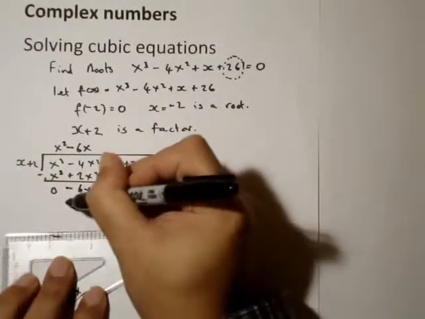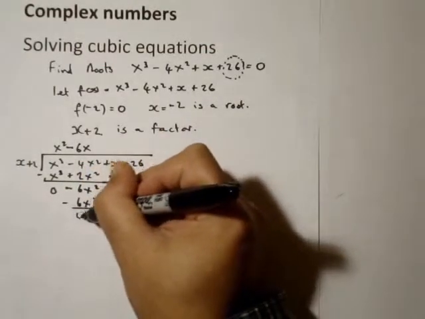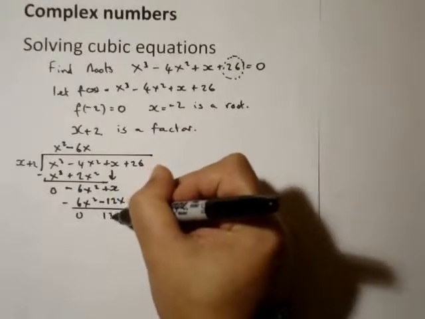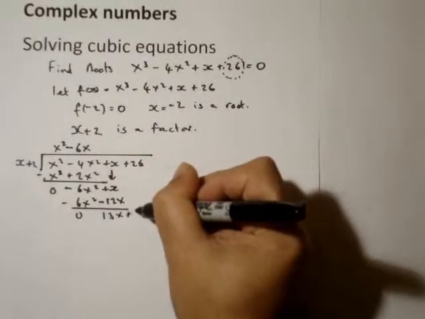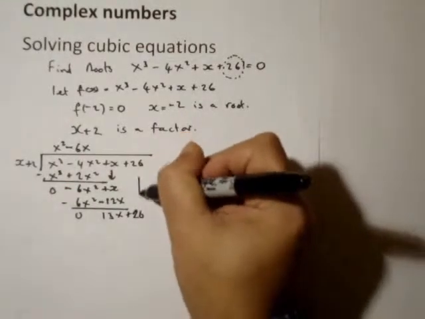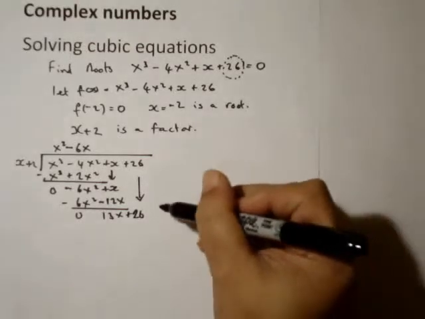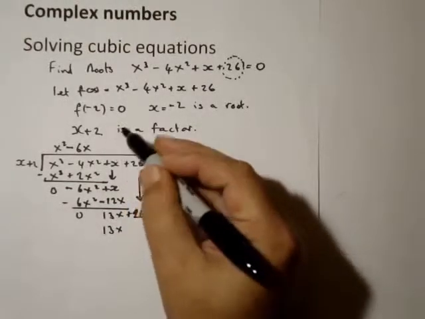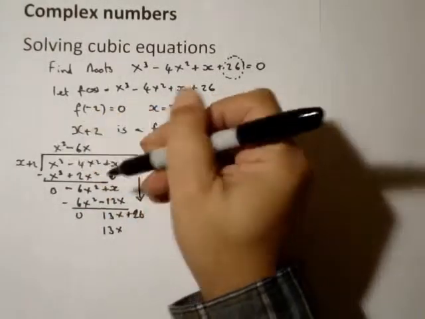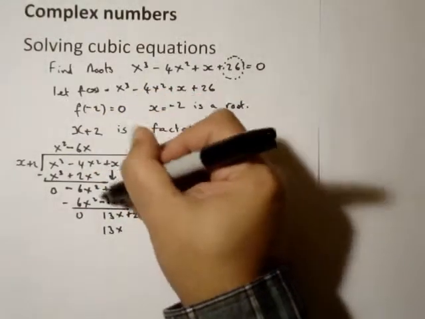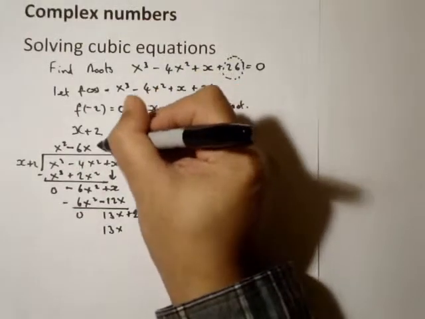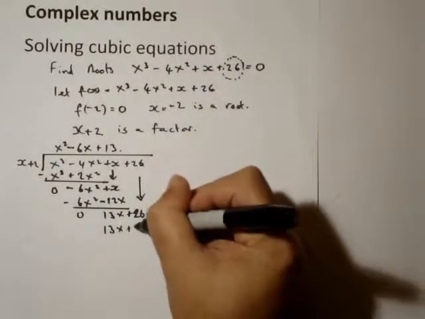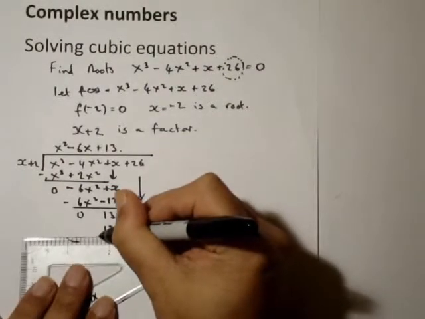Subtract, we get 0. X minus minus 12x is 13x, and then plus 26 when we bring the 26 down. And x into 13x goes plus 13, and here we have 26. When we subtract, we have 0.